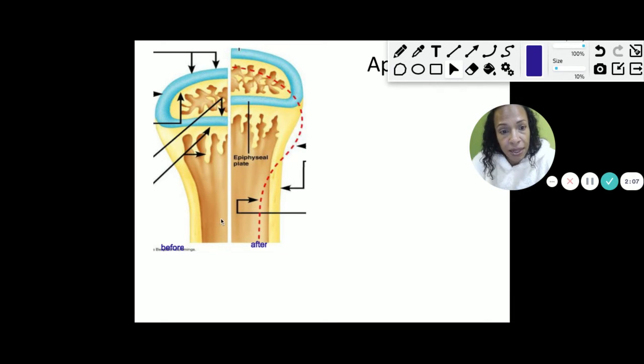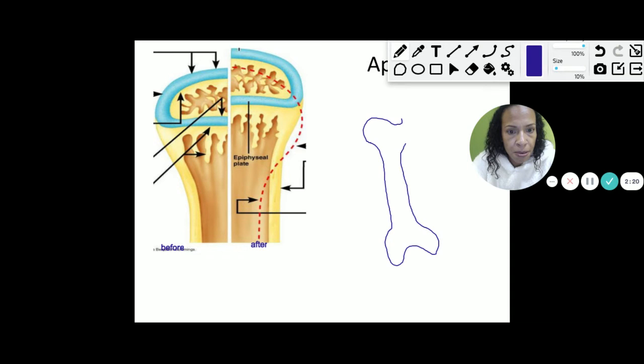To increase the length of the diaphysis, the long part of the long bone, if we were to just draw our long bone, if I wanted to increase the size and I just added to the outside all the way around and continue to go around the shape, I want you to notice some of the problems that arise.